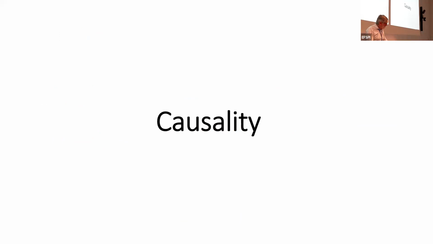Now the essence is causality. What we try to do is to pinpoint a treatment under investigation as the cause of the observed improvement of the patient. We want to see the treatment effect. Now, causality is a difficult thing.